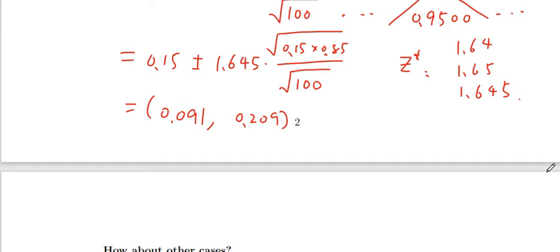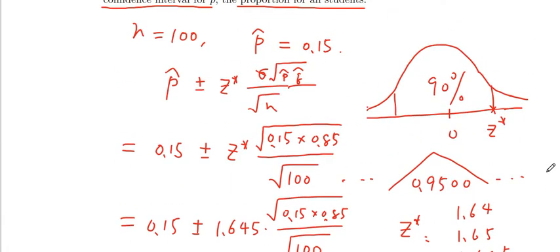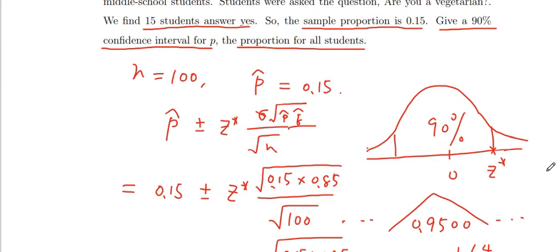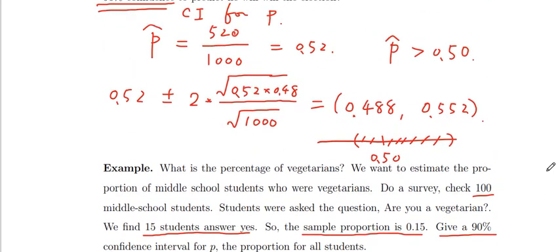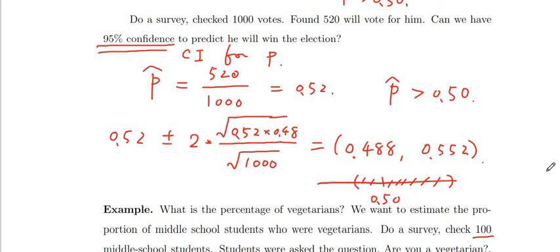Actually, if we do a survey, a sample size of 100 is usually too small. For example, for a particular election, we check 1,000 people.